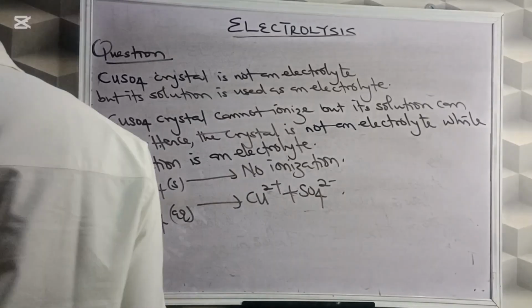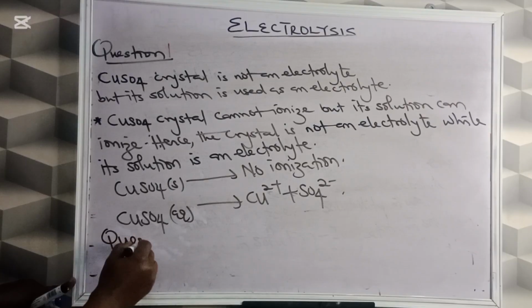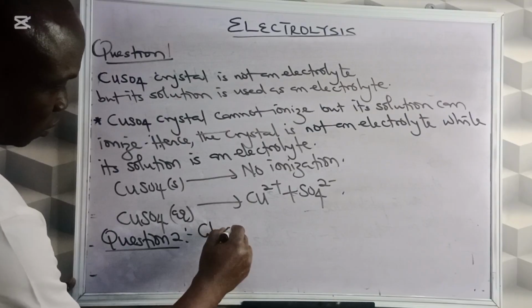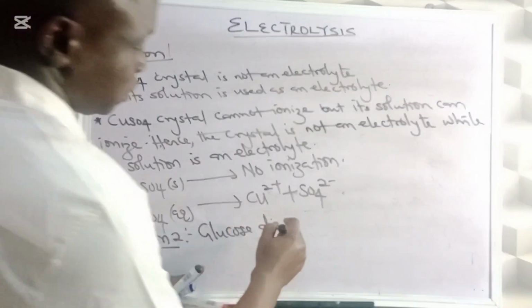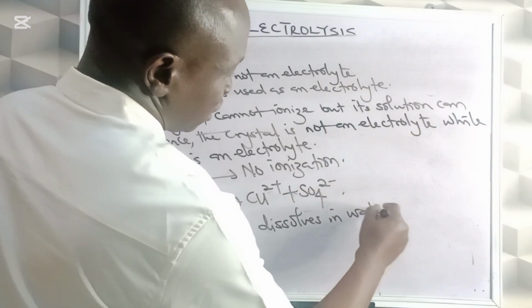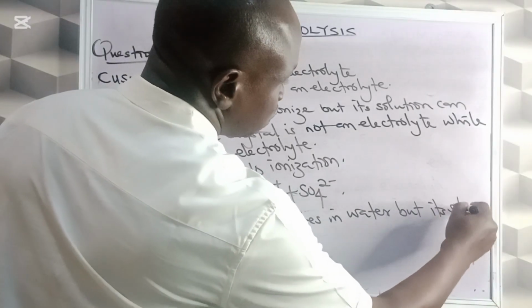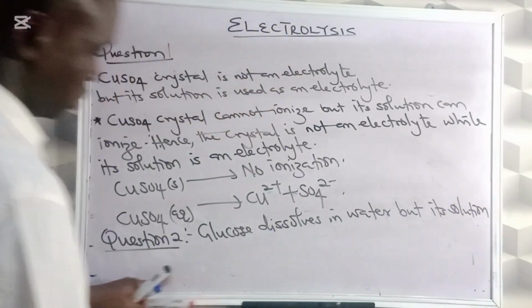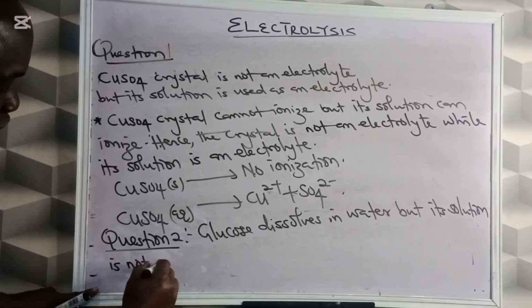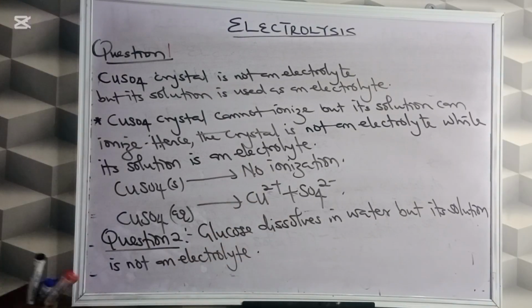That is question 1. Question 2: glucose dissolves in distilled water but its solution is not an electrolyte, meaning a non-electrolyte.